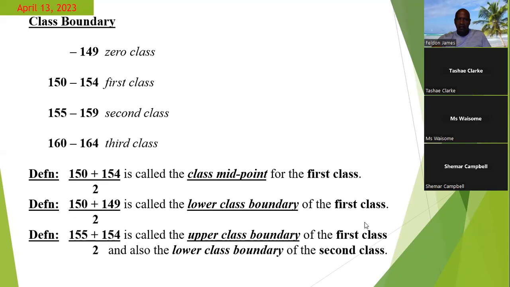So look at the first class, the lower boundary value, 149.5. The same first class, the upper boundary value would be 154.5. Yes, sir. You're taking the 149.5 from the 154.5 to get the one class width.